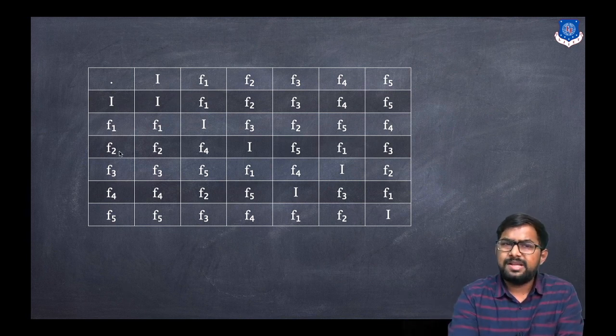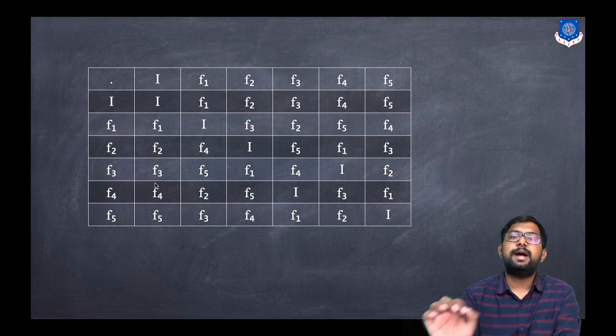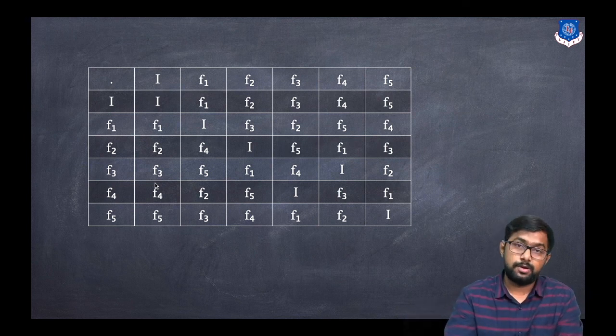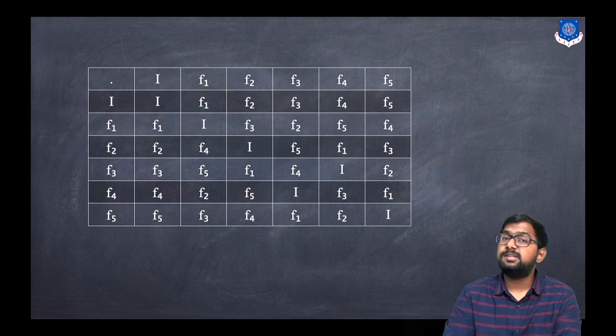So just by the table, what is this identity element? That is I. As you can see, I into I, we are getting I. Now F1 into I, we are getting itself, F1. Now F2 into I, we are getting F2. So that means I is the identity element and it is the unique one. Okay. Then the existence of inverse.